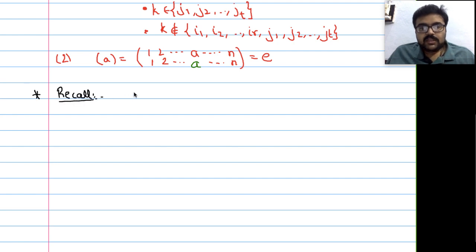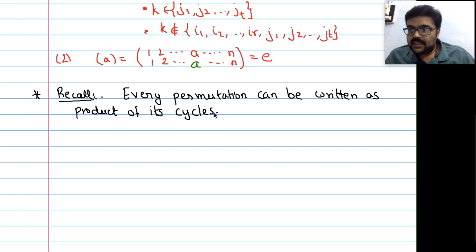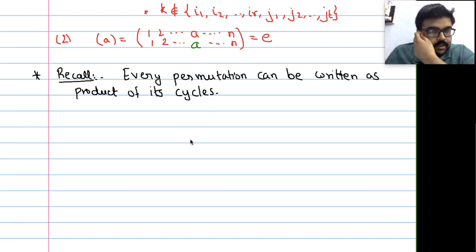The result is: every permutation can be written as a product of its cycles. The cycles are disjoint, so every permutation can be written as a product of its disjoint cycles. That part we have seen.